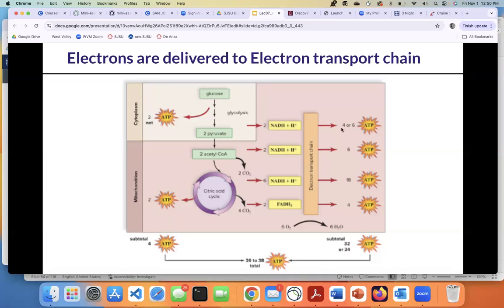The electron is going to be passed along, and as it's passing along, we're going to be able to make some ATP, so 4 ATP in that first part, because you're going to have 1 NADH per acetyl-CoA that was processed, or pyruvate that was processed through. We do that twice, which is why it's 2 NADH at this step. It's going to be able to make 4 ATP. We're going to do that again.